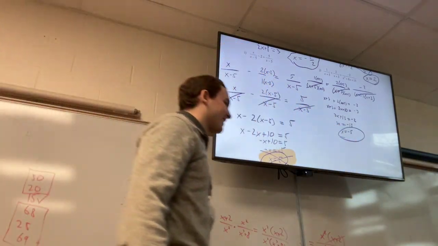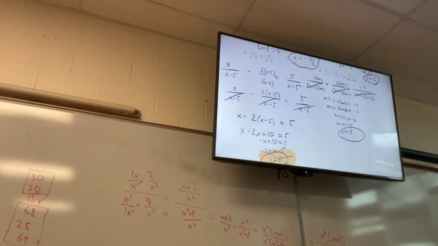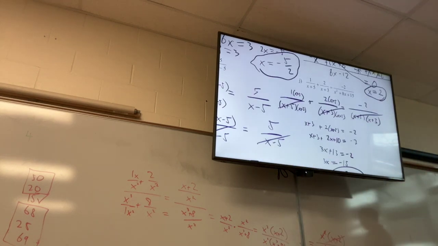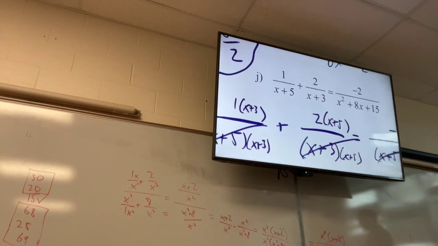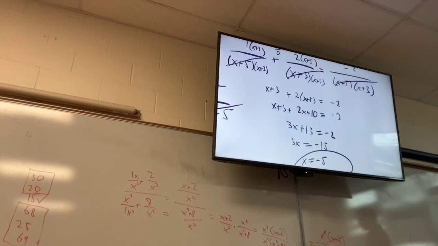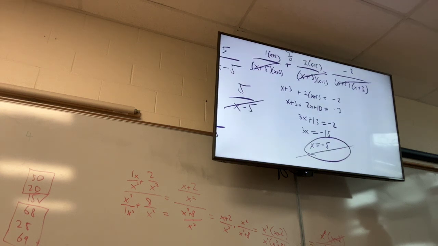Why do you think it's no solution, Lila? Yeah. So when you go back to plug it in, look what happens, guys. This first term right here becomes 1 over 0, right? So this is what kind of solution? Extraneous, so no solutions is the answer.